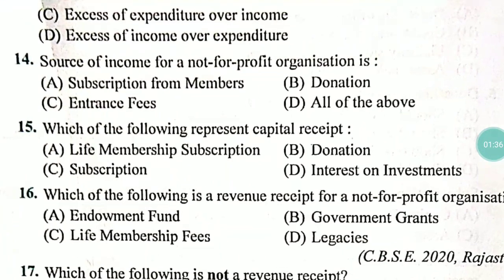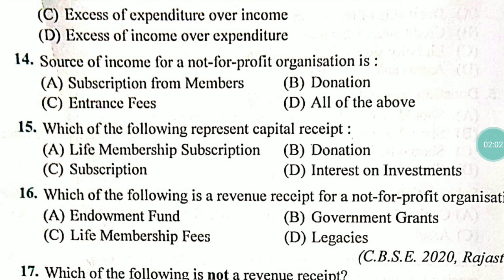The next question: a source of income for a not-for-profit organization is the one from which the not-for-profit organization earns income, whether a revenue receipt or a capital receipt. The first option is subscription from members.